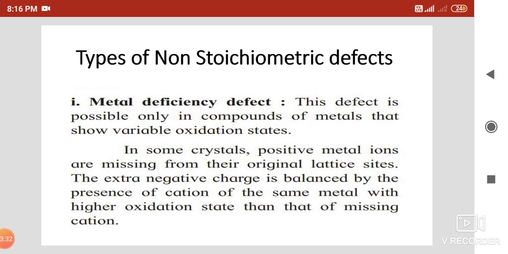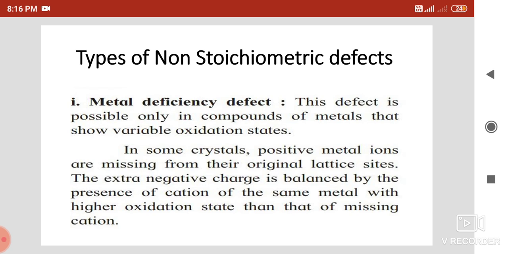This metal deficiency defect is possible only in the compounds of metals that show variable oxidation state. In some crystals, positive metal ions are missing from their original lattice site.